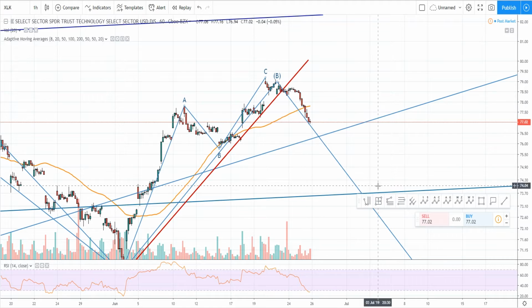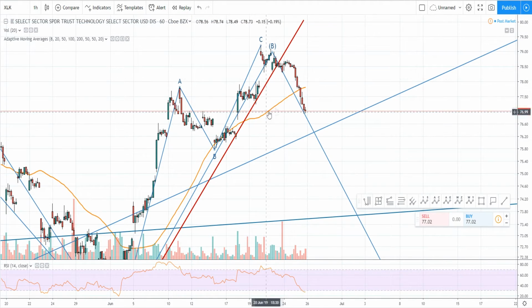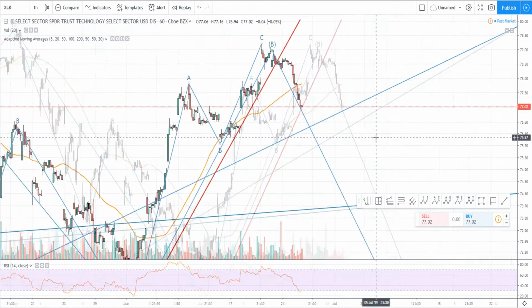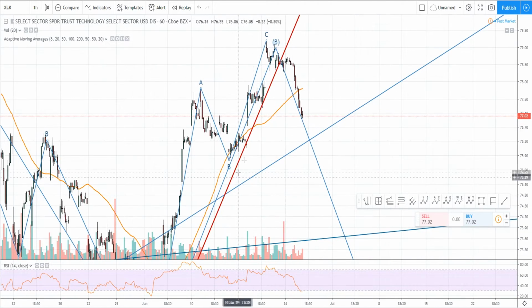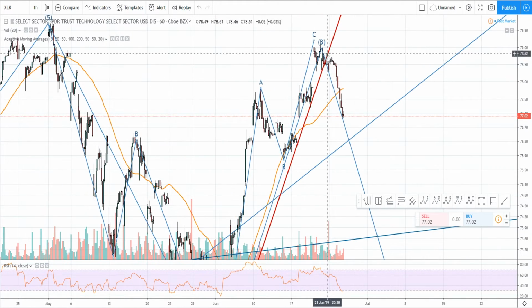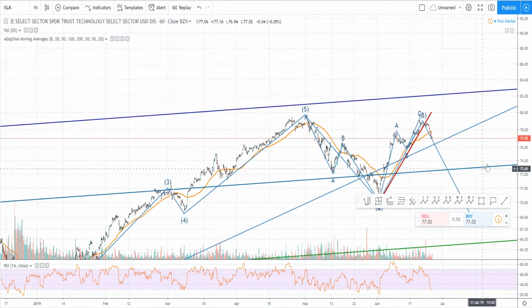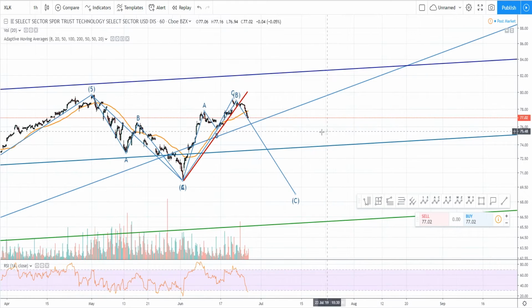And when that broke, I got in. I find the 50 EMA on the hourly time frame to be a really good trending indicator. So I used the confluence of this trend line break as well as the break of this EMA as an entry.